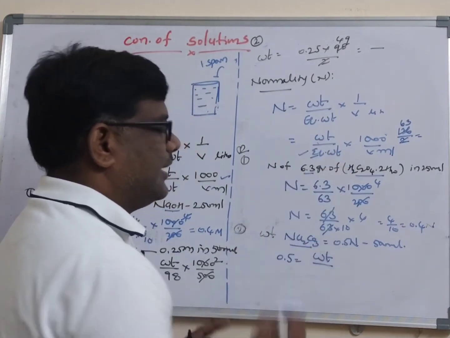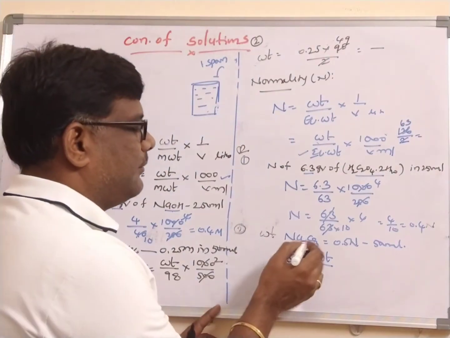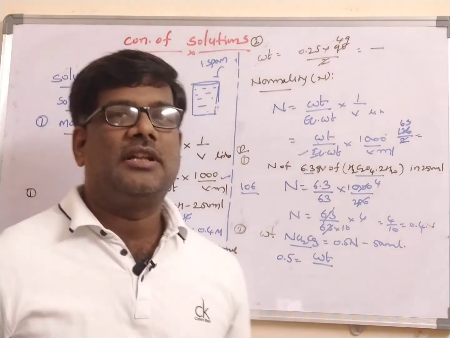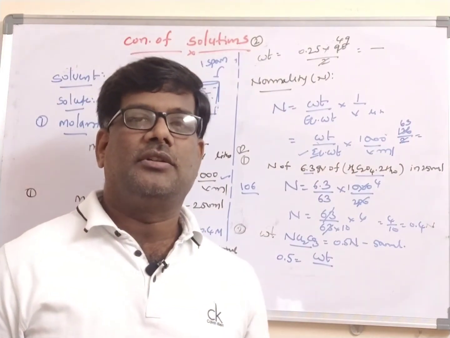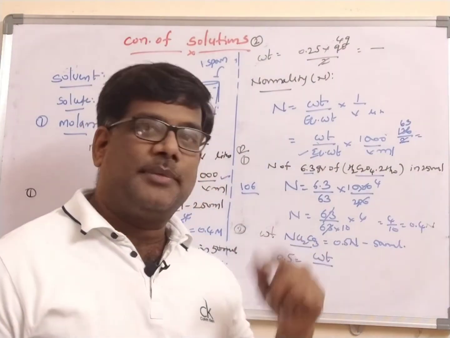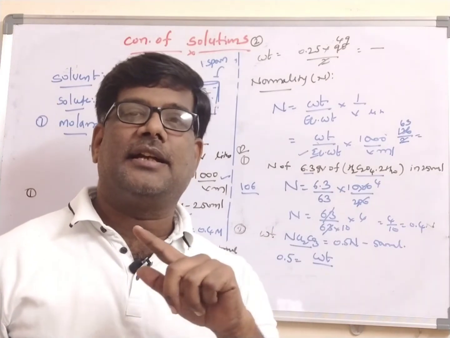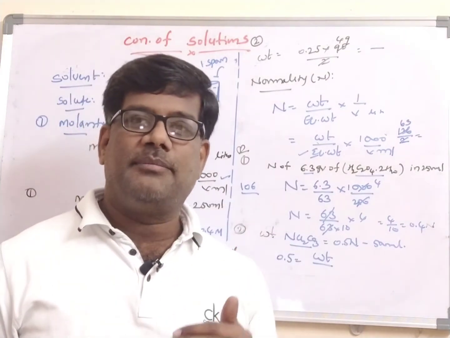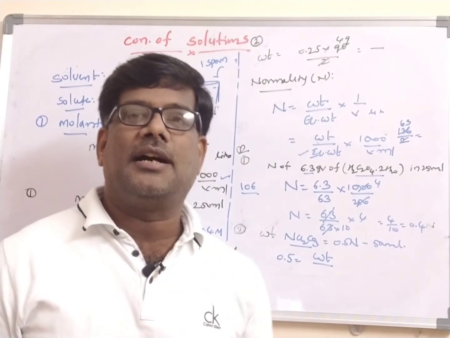Equivalent weight of sodium carbonate: we are already very familiar. Sodium carbonate is a salt. How to calculate the equivalent weight of a salt? The molecular weight of the salt divided by the total charge on the cation or anion.